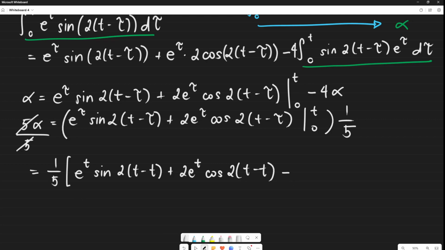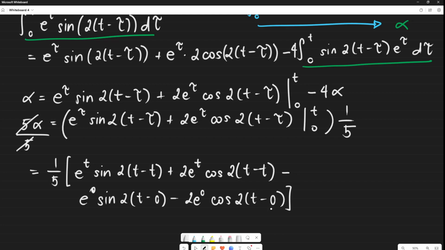So, minus e raised to 0 sine of 2t minus 0, or simply 2t, plus 2e raised to 0 cosine of 2t minus 0. Here we put the negative sign, which comes from the negative operation between the boundaries.